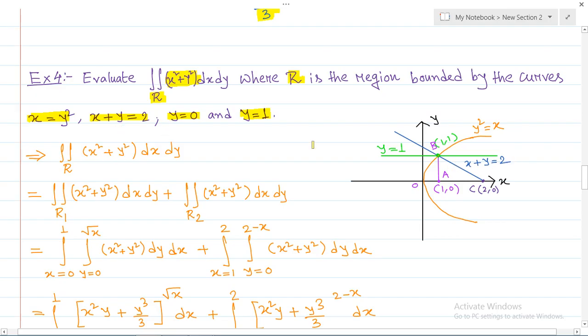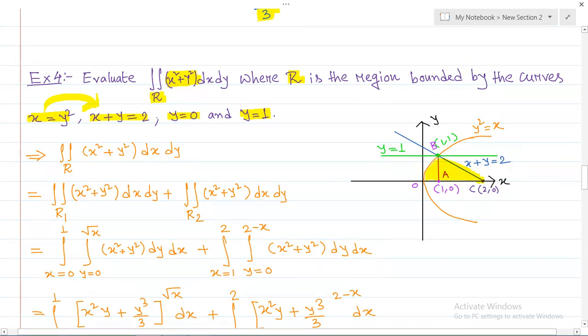How can we get this point of intersection? It is very simple. You just substitute x equals y squared in this expression, and you will get the value of y. Here all these lines bound only one region. This is the region which I am shading here. This region over which we have to perform the integration is the region R.